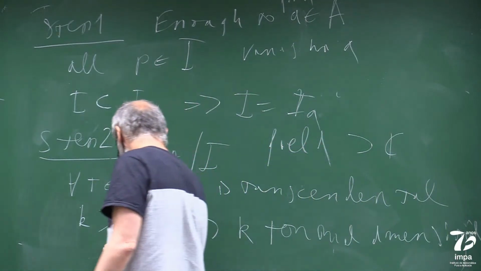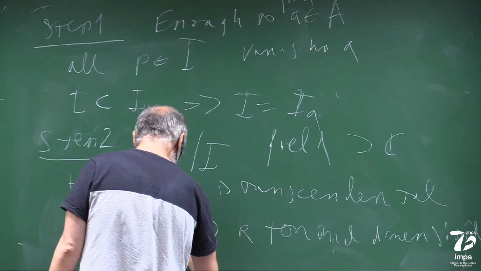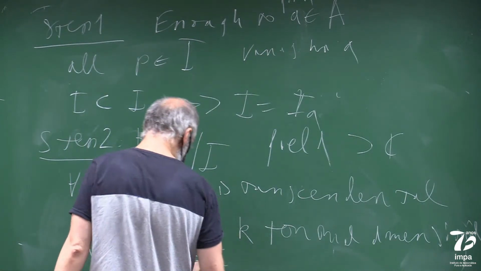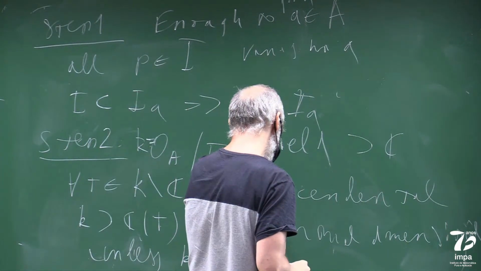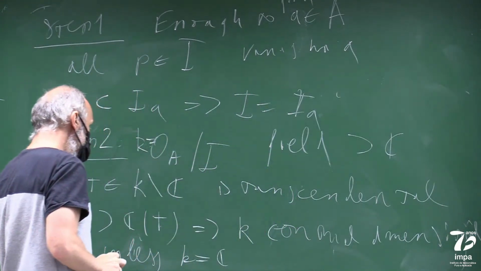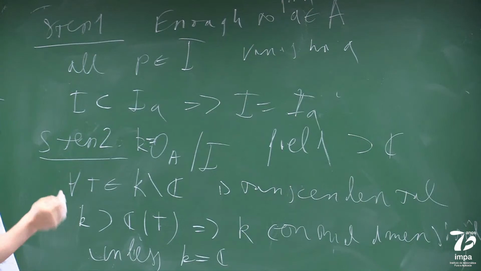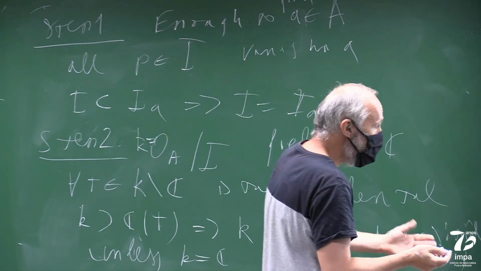Unless, of course, K is equal to C, which is also possible. OK, it cannot be continuum dimensional because it's generated by polynomials. Polynomials are countably dimensional.